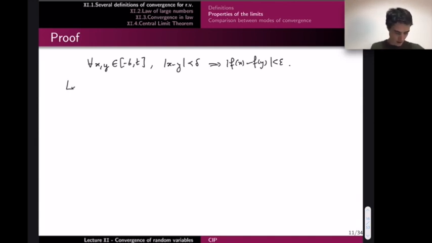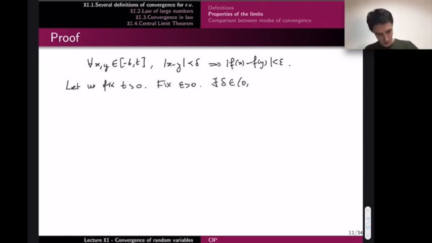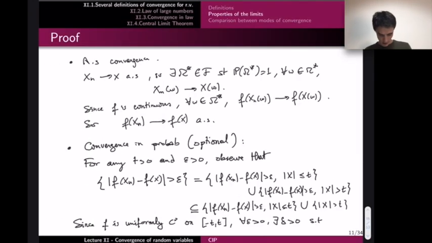Okay, so now let's fix t positive, fix also epsilon positive. There exists delta, so delta is positive. I will choose it also smaller than t. So there exists delta between 0 and t such that, so I will use this inclusion here, except that instead of t I will use t minus delta.